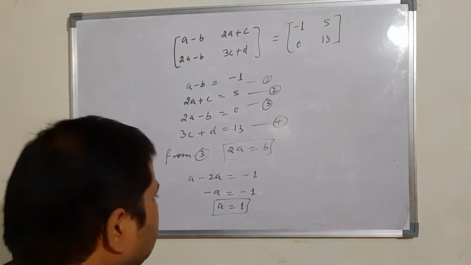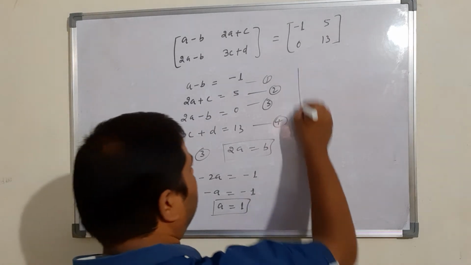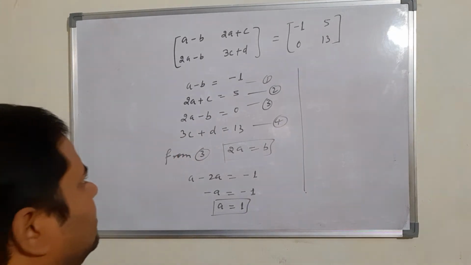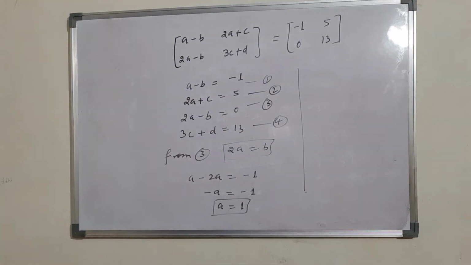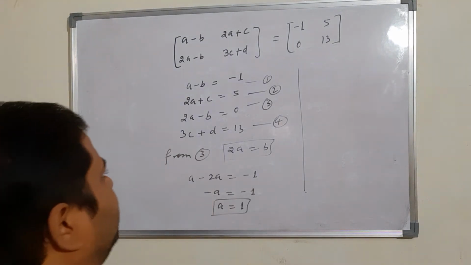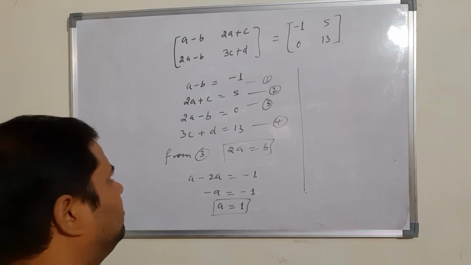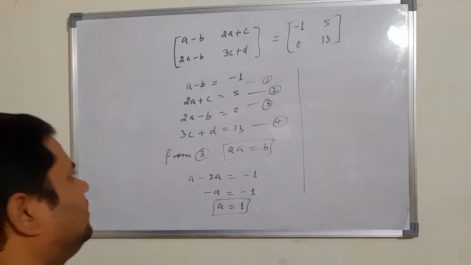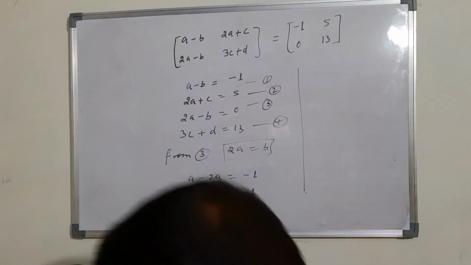Similarly, we put the value of A in equation 2 to get the value of C. So please try. What is the value of C? If you put A equal to 1 in equation number 2, we get 2 into 1 plus C is equal to 5.